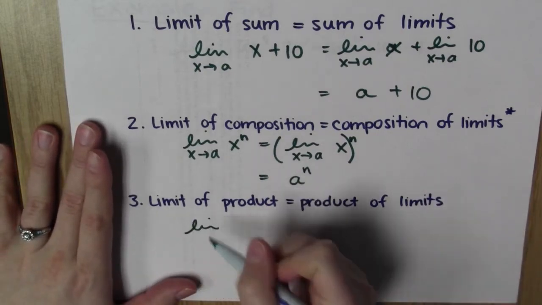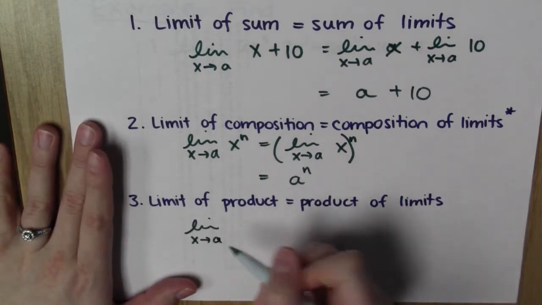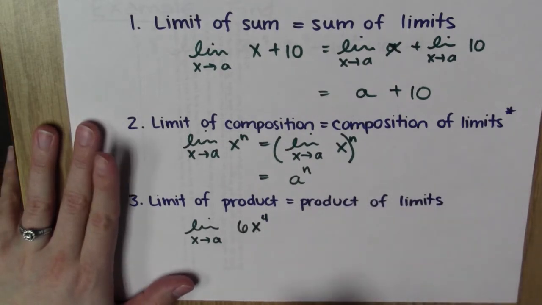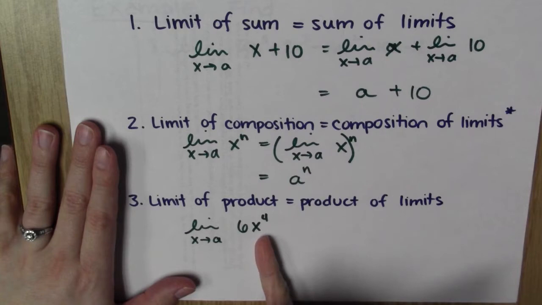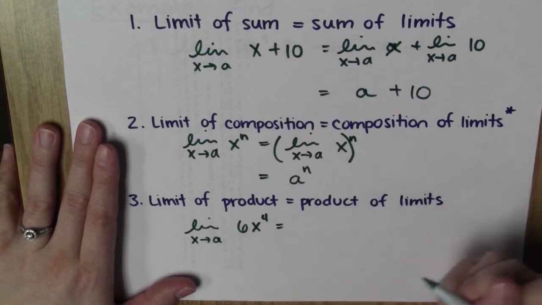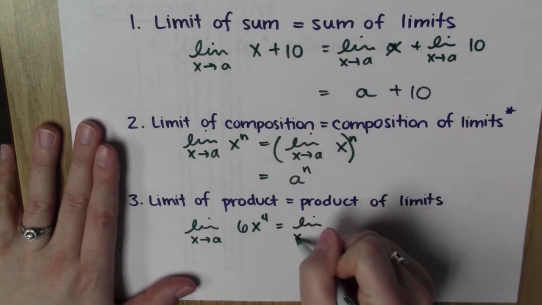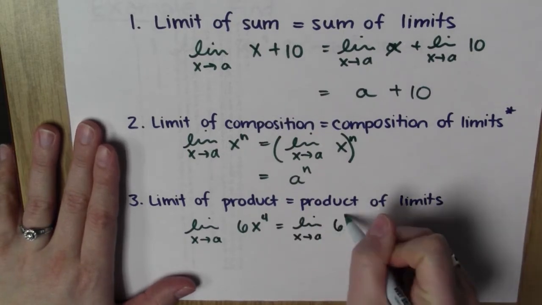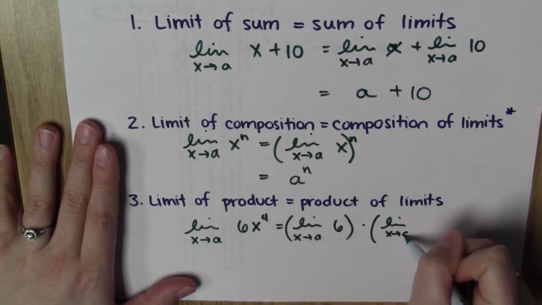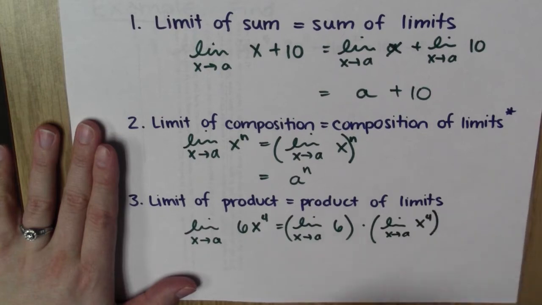So for instance, if I have the limit as x approaches a of 6x to the fourth, we just discussed the case of x to the fourth, so really I have the product of 6 and x to the fourth. Since the limit of the product is the product of the limits, this is the limit as x approaches a of 6 times the limit as x approaches a of x to the fourth.